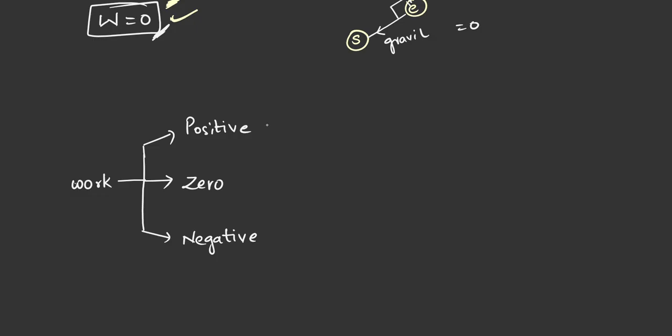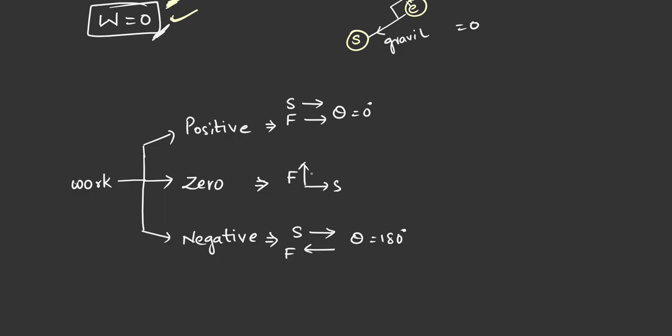When the work is said to be positive, simply when force and displacement are in the same direction. The angle between them is 0. When a work is said to be negative, simply when both force and displacement are in opposite directions and the angle between them is 180 degrees. When is the work said to be zero work? When force and displacement are perpendicular to each other, when theta is equal to 90 degrees.